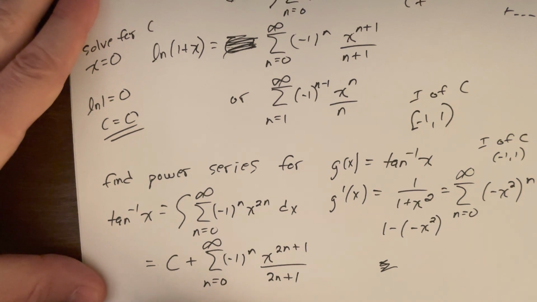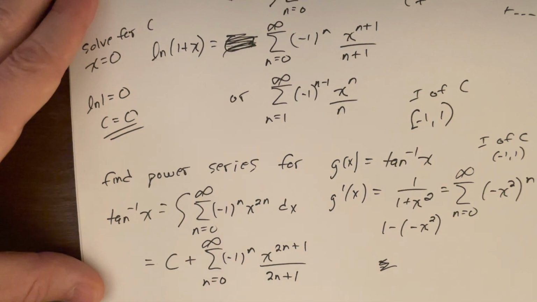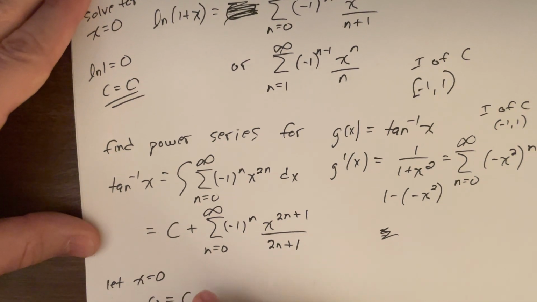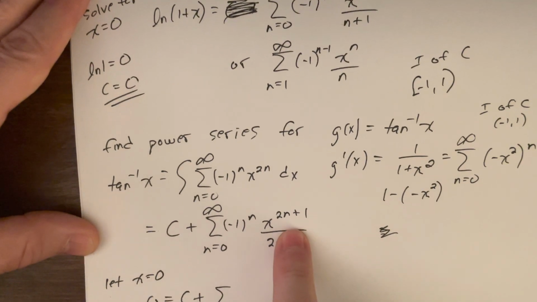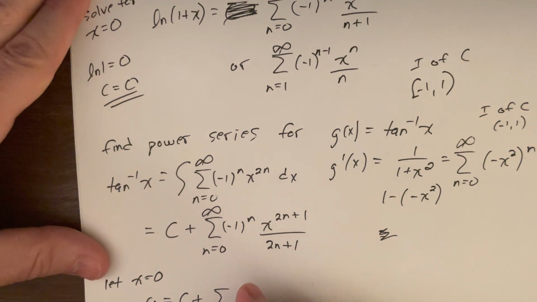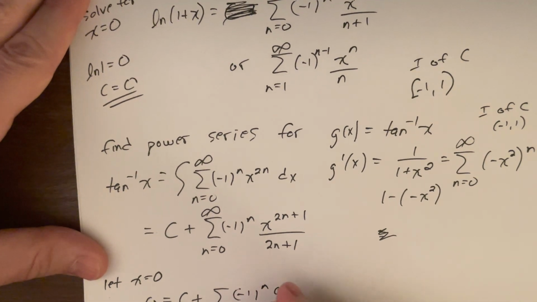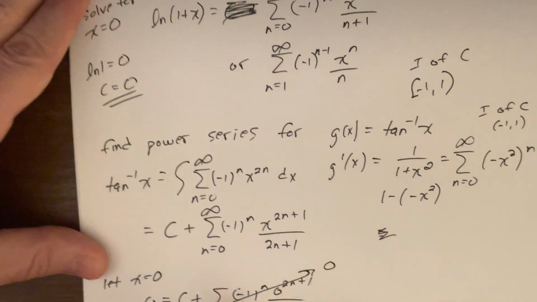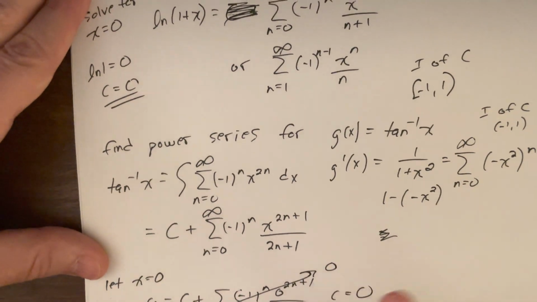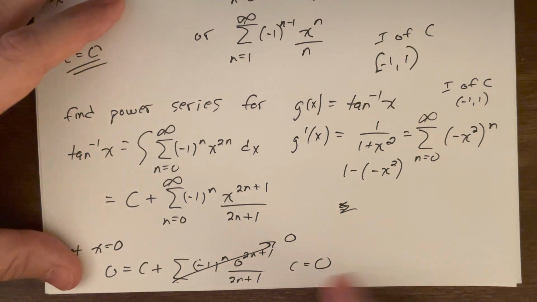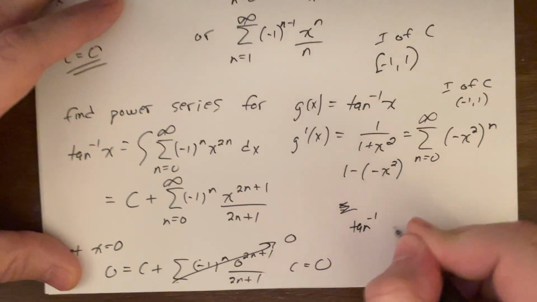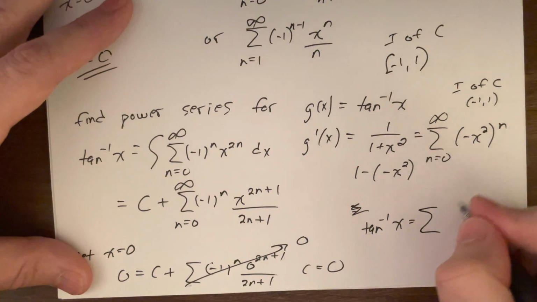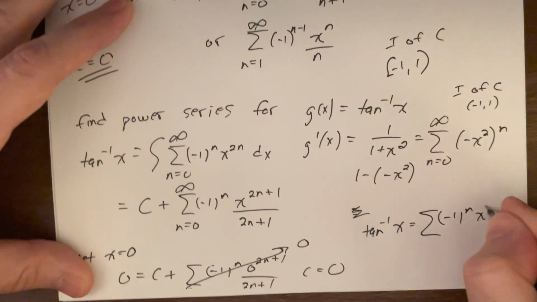If I let x equal 0, inverse tan of 0 is 0, c plus all of this when this term is 0. This whole thing goes to 0, so c equals 0, and we can finish. Inverse tan has this as its power series.